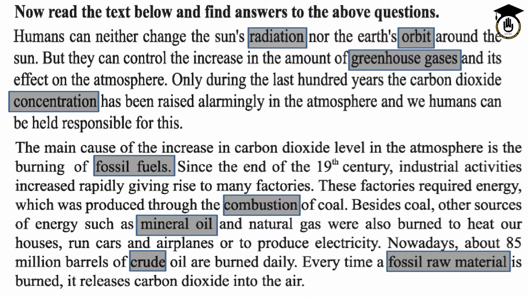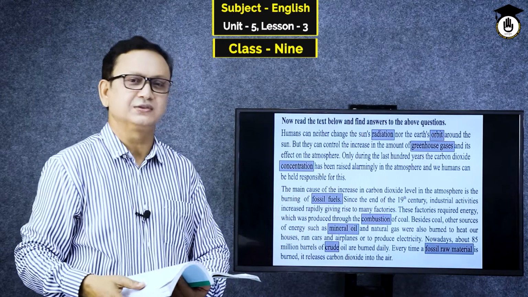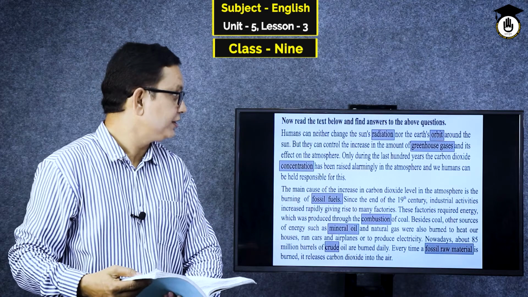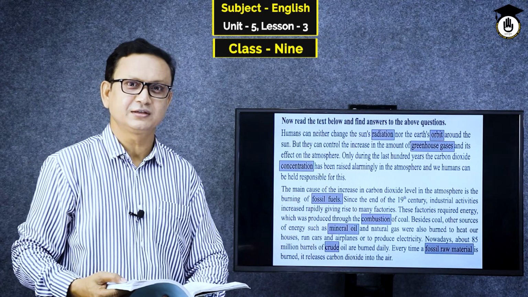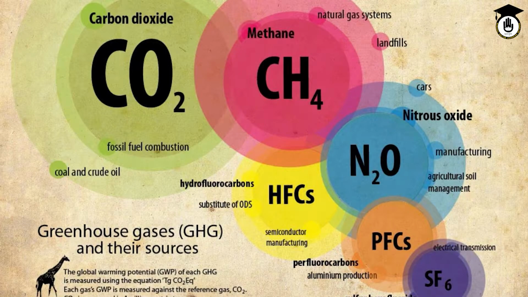But they can control the increase in the amount of greenhouse gases and its effect on the atmosphere. So the term has come, greenhouse gases. Do you have any idea, students, what greenhouse gases are? Yes, these are the harmful gases which are contributing to the increase of global temperature.